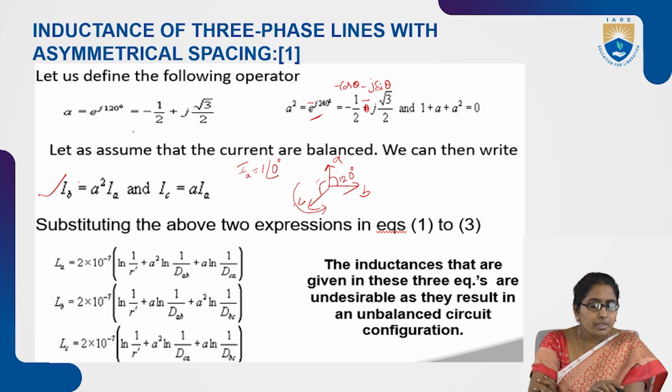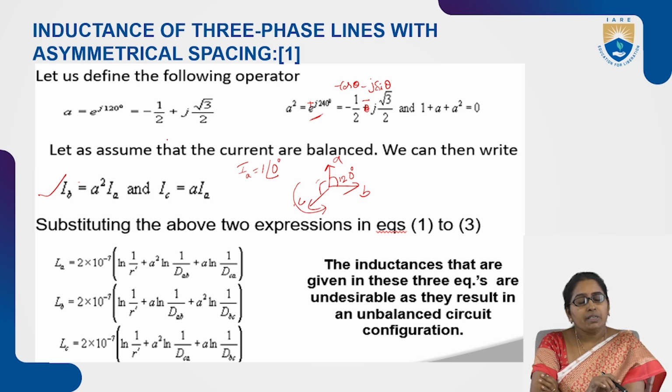So the alpha value is given by e power j 120, which is minus 1 by 2 plus j root 3 by 2, right? That is how the alpha value is written.